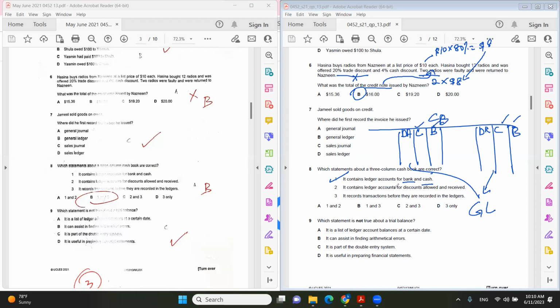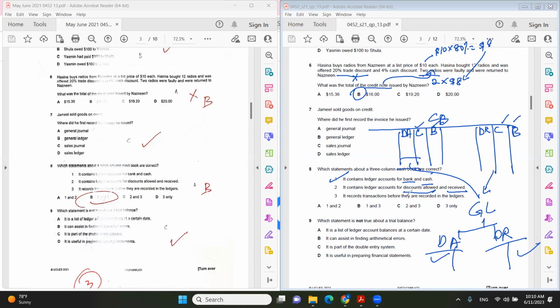It contains the ledger accounts for discount allowed and discount received. As I said, at the end of the month, these two amounts, discount allowed and discount received, will be transferred to the general ledger. You will open other accounts called discount allowed and discount received and put them in there. It will not be put into this one. This is just a summary of the total.